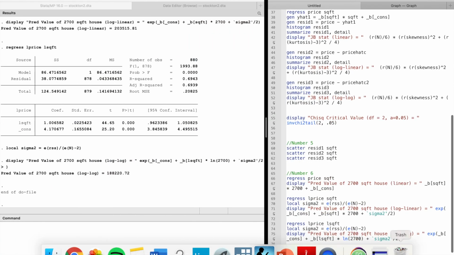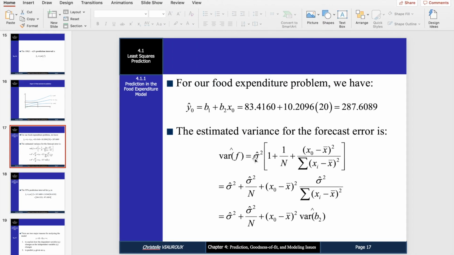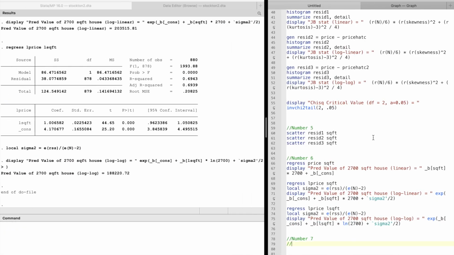So let's get started with that. Also, we should remember that the variance of our forecast error is this big mess. Since we're predicting a single value and not an average, not an expected value given this x value, it's going to be a larger variance, and we have to use this formula, which simplifies to this one, which is easier to put in Stata. So let's just write that in Stata so we have it.